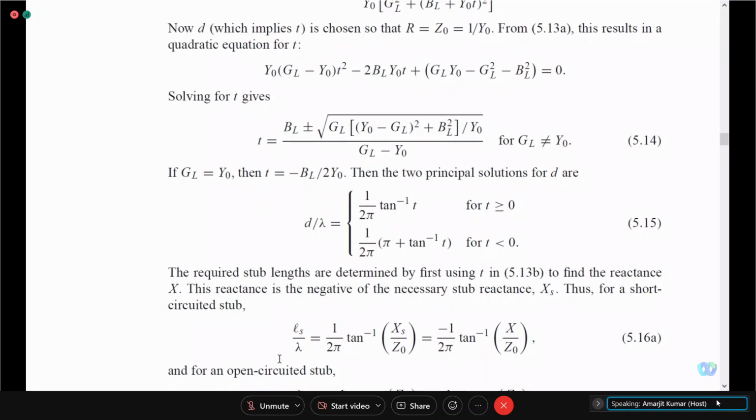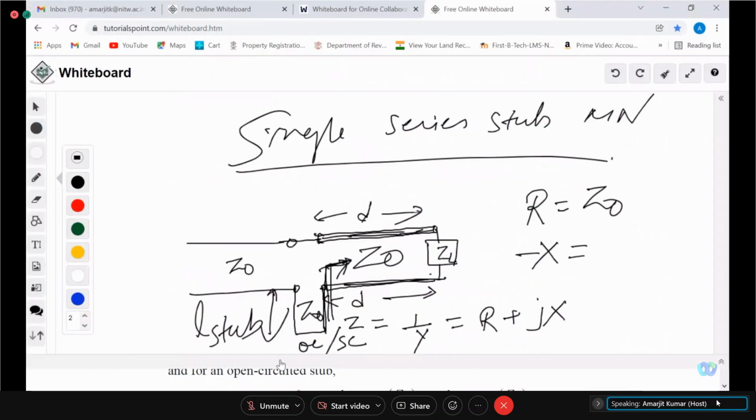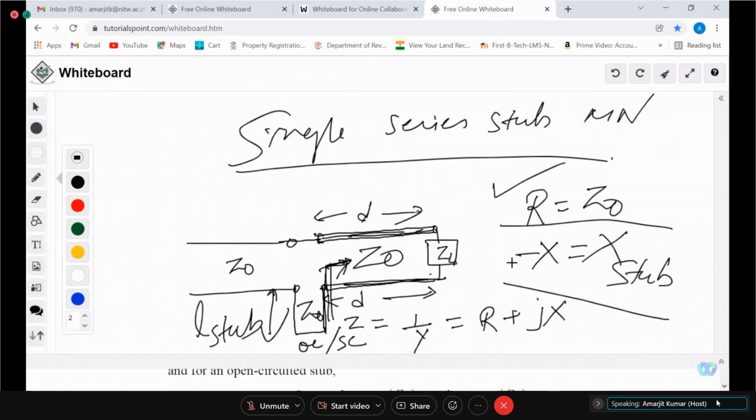Reactance is the negative of the stub reactance. So X is equal to minus X stub. These two conditions we can use for calculating d and L stub. So basically Z is equal to 1 upon Y is equal to R plus jX.